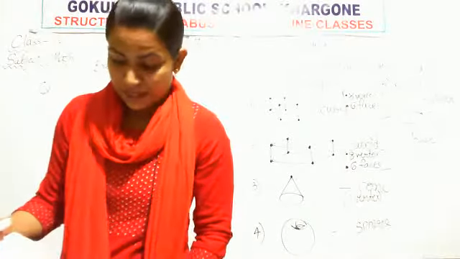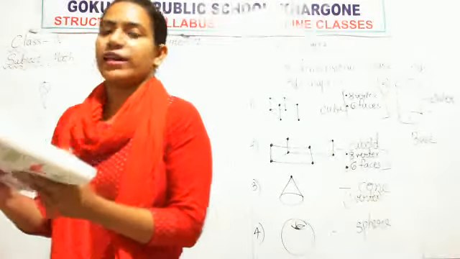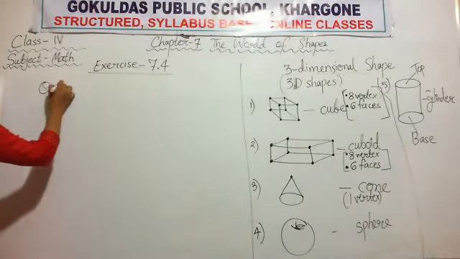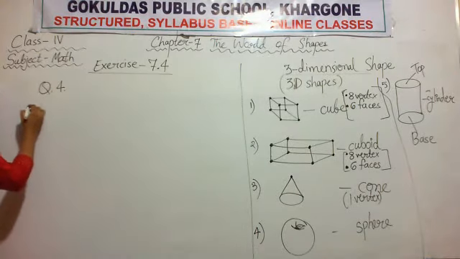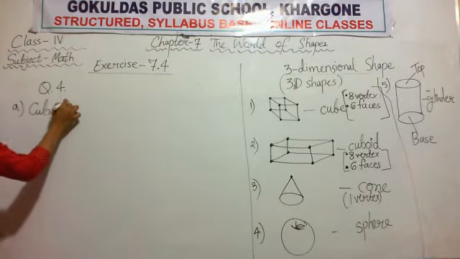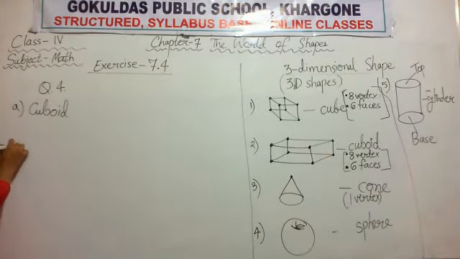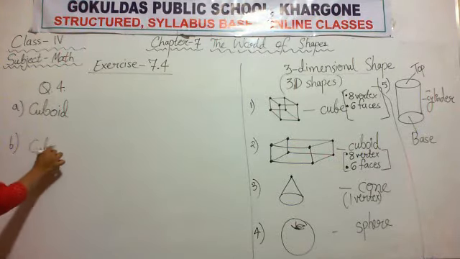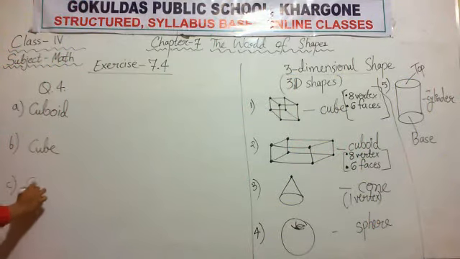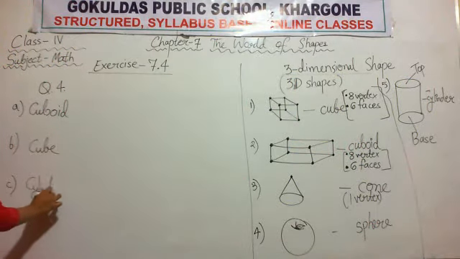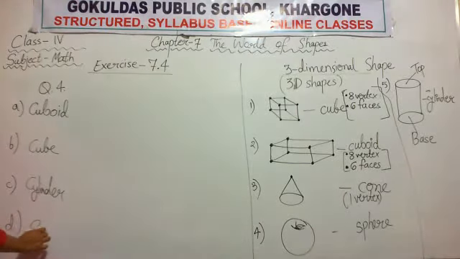Write the number of faces, edges and vertices of the following figures. A. Cuboid, B. Cube, C. Cylinder, D. Cone.